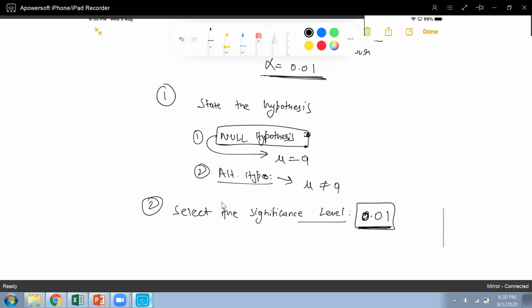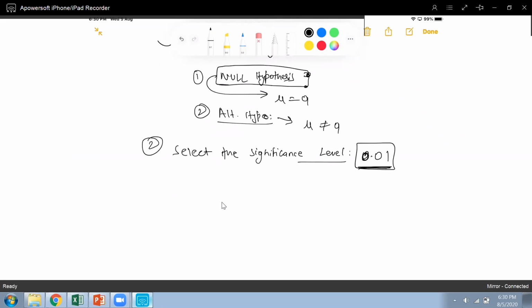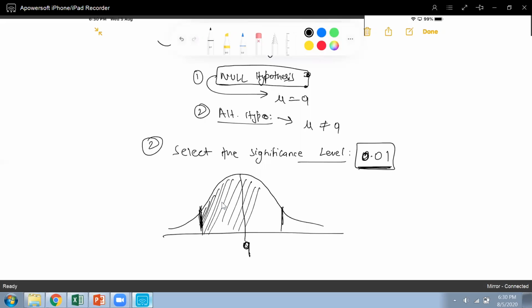So what is the meaning of this 0.01? See, I have this distribution, and mu is equal to 9 over here. This region, how confident I want to be, will be defined by the significance level.